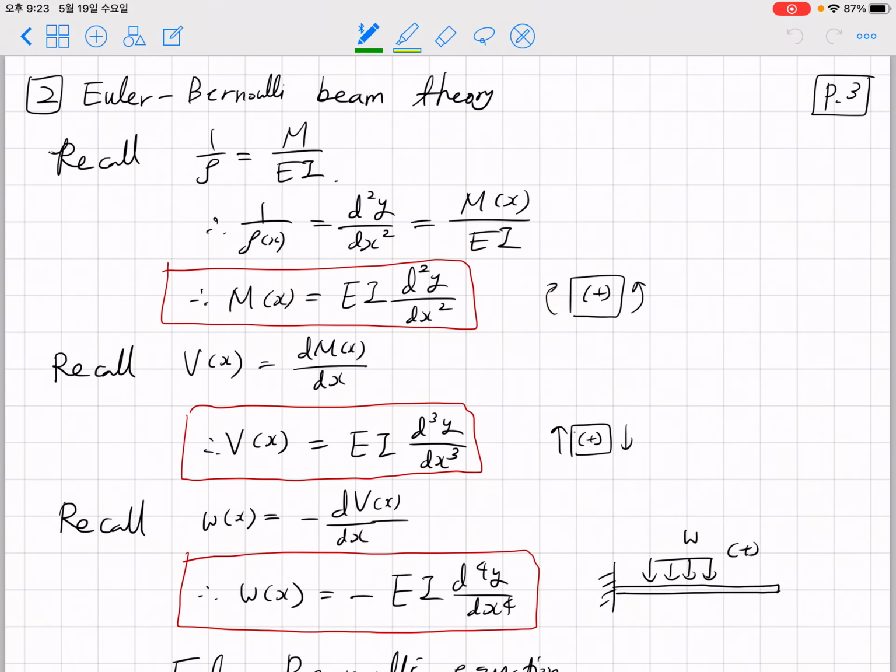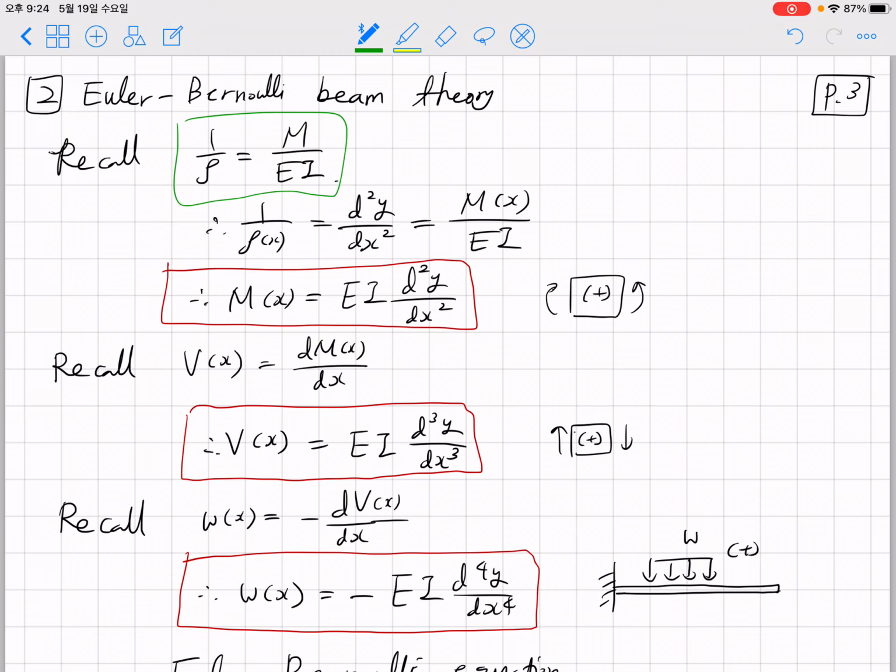Okay, so let's move on to the so-called Euler-Bernoulli beam theory. Even though I'm giving it a fancy name like Euler-Bernoulli beam theory, it's simply rewriting what we learned back in chapter 4 regarding the pure bending problem and the derivation of the flexure formula. Back in chapter 4 we derived this equation: 1 over rho equals M over EI.